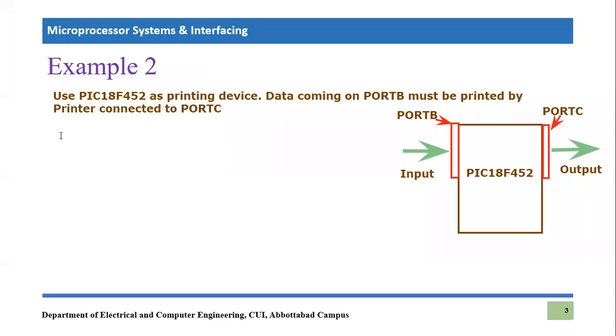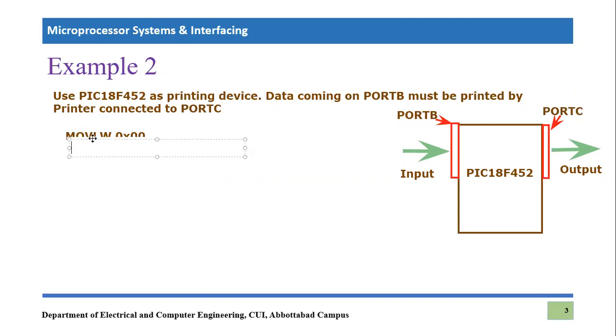So let's say MOVLW, move literal to working register. I hope you remember, if you want to configure a port as an output port, you have to send 00 hex to that specific TRIS register, right? In this case, we are interested in making port C an output port. So we will send 0x00, and first of all we store the information inside the working register.